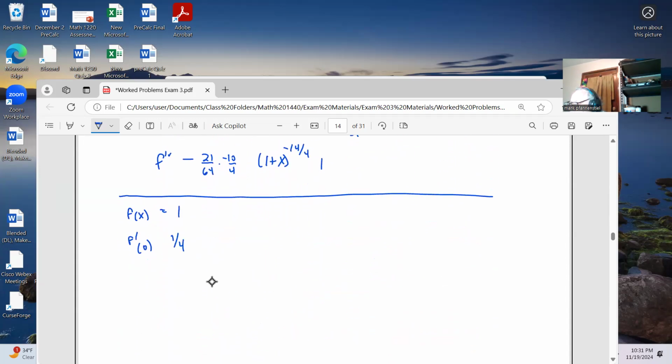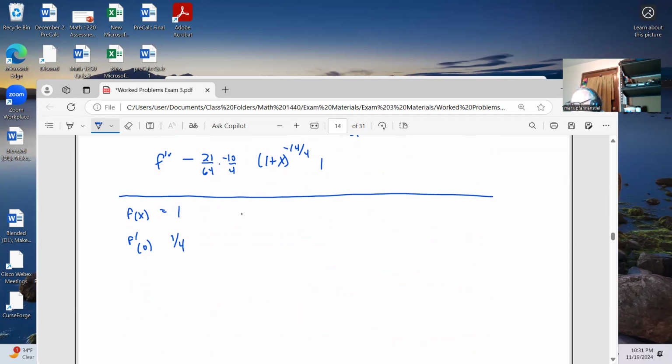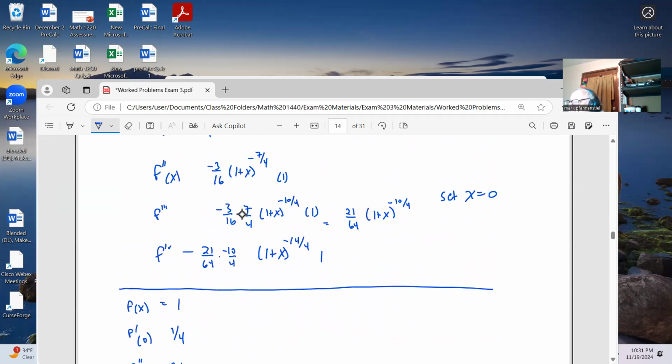Okay, the 1 plus 0 here raised to the -3/4. This is just 1 raised to the 3/4. It's going to be 1. Then we end up with -3/16. So f double prime was -3/16. All right. The rest of this is going to be 1.